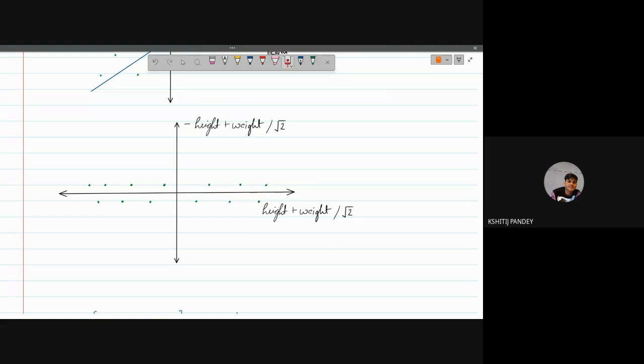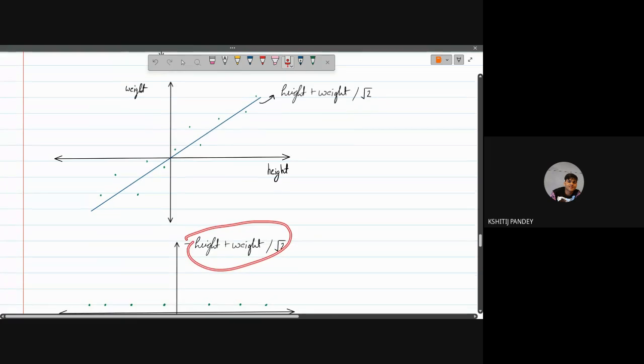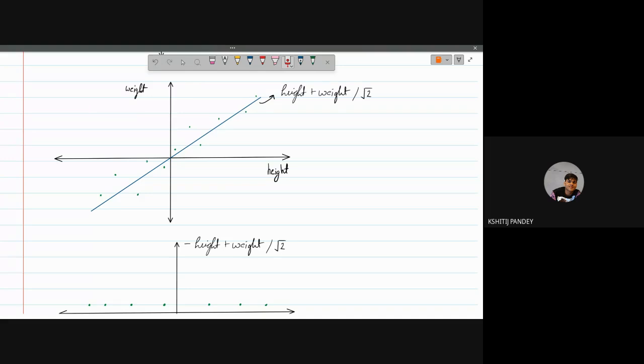Sir, the y-axis is minus height plus weight by root 2? Yes, because it will be perpendicular, right? So the equation perpendicular to this will be minus height plus weight.